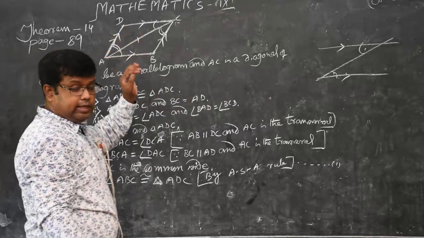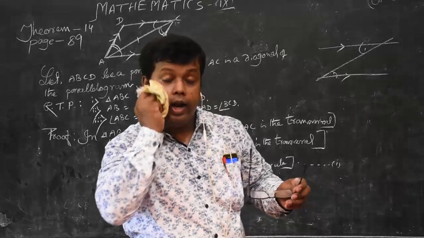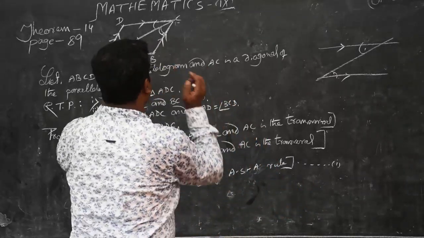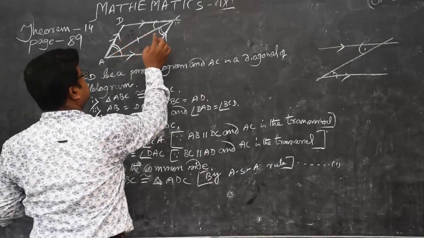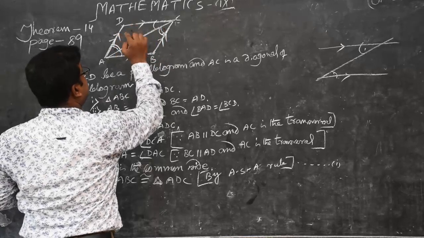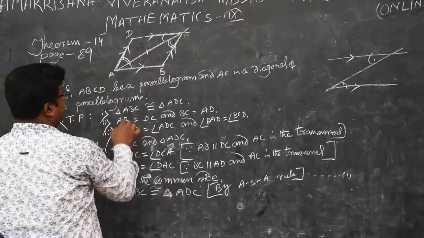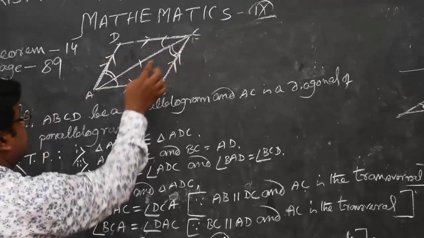Since the triangles are congruent, the sides opposite equal angles will be equal. The side opposite to this angle is AB and the side opposite to this angle is DC. So AB and DC are equal. Again, these angles are equal, so these two sides are equal.